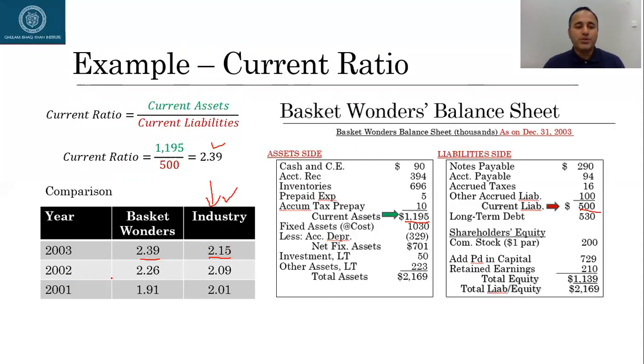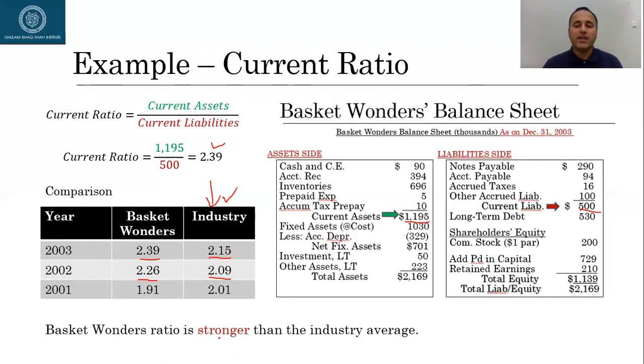In 2002, Basket Funders was 2.26 and the industry was 2.09. Overall, the Basket Funders ratio is stronger than the industry average, which is a good sign. If you're a supplier supplying raw material to Basket Funders, it should give you a lot of comfort that they have a good current ratio.